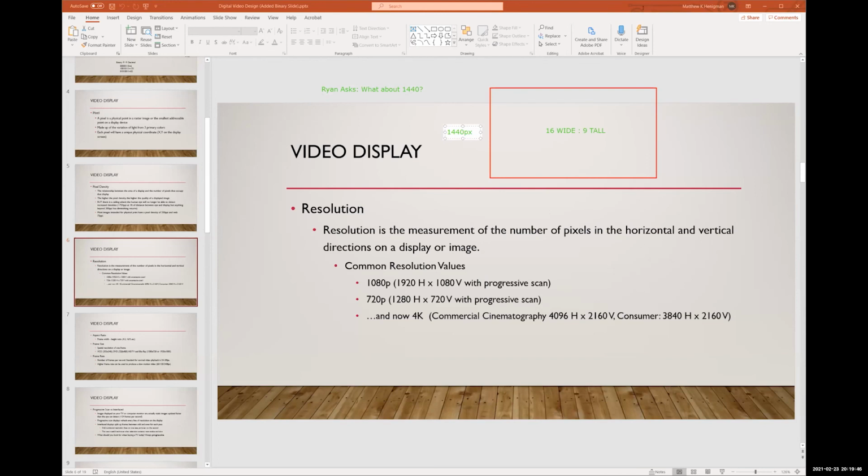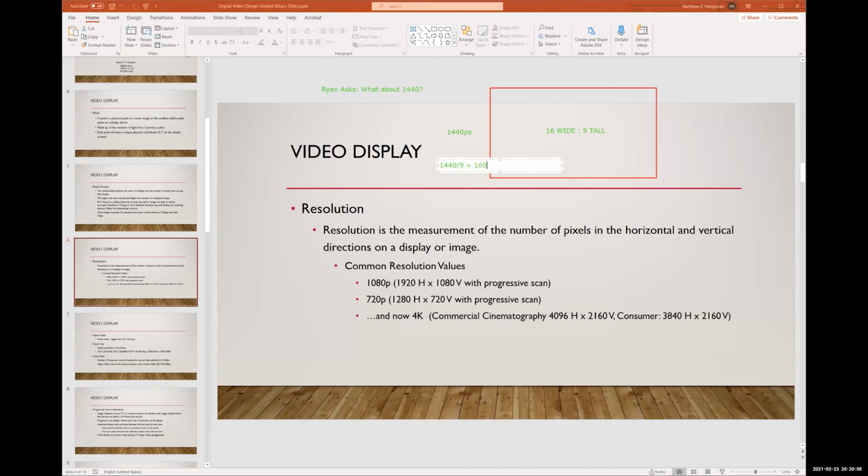So if we have a 16 by 9 aspect ratio, then the common value between the two is going to be your 1440 divided by your height ratio, which gave us 160.